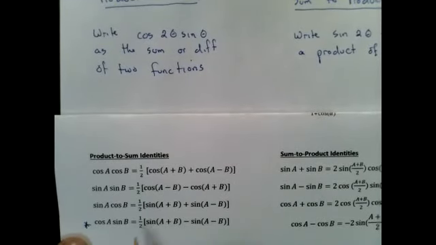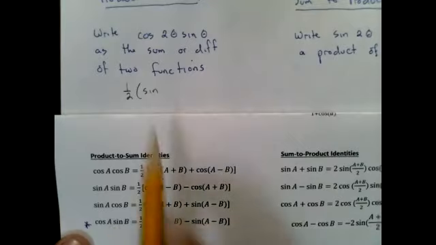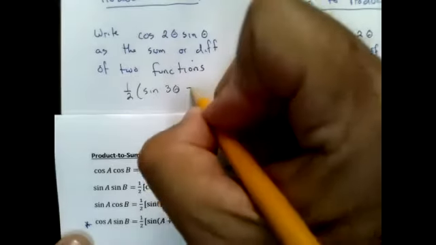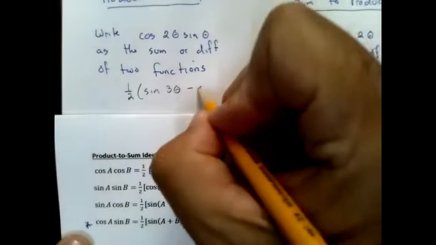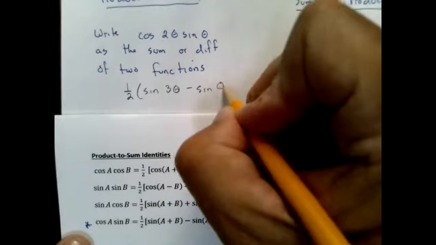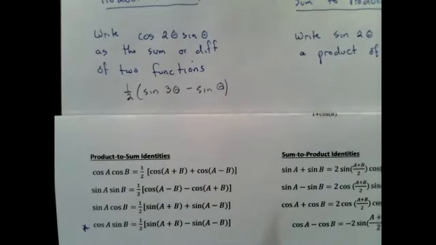All right, so this is going to become 1/2 the sine of these two added together, which is 3 theta, minus the sine of the first minus the second, theta. And that's it.